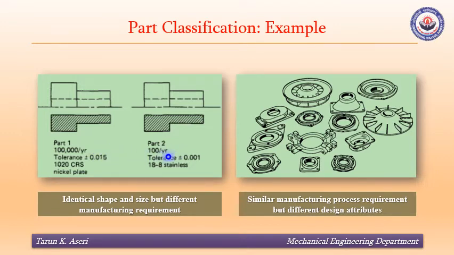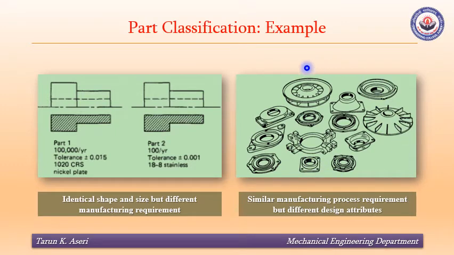The tolerance is different for part 1 and part 2, and the material is also different. Based on the shape, we cannot say that these belong to a similar part family. The process to manufacture part 2 would be different than for part 1.